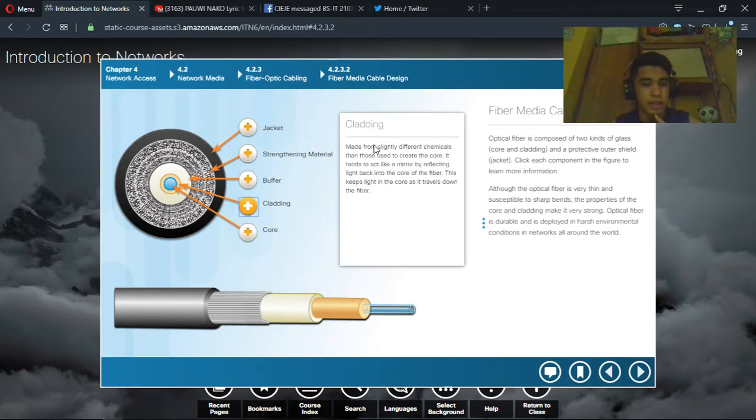The cladding is made from slightly different chemicals, so the cladding tends to act like a mirror, reflecting the light, and the core is the actual light transmission element. That's how the fiber media cable is designed.